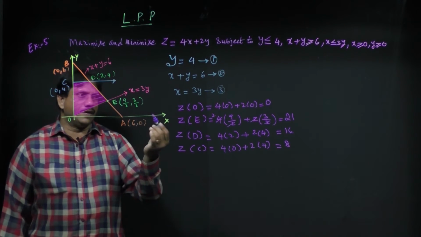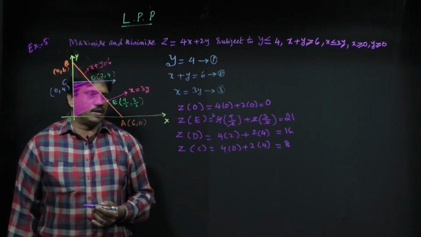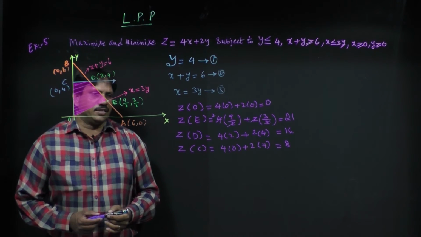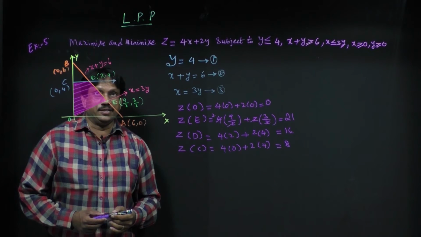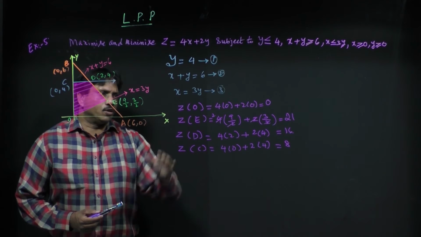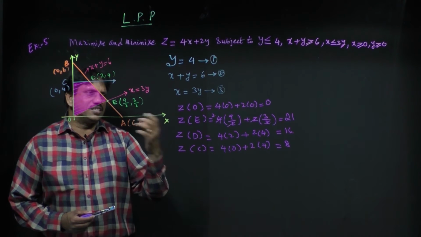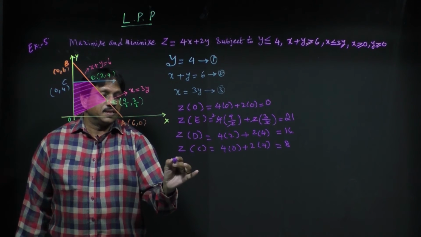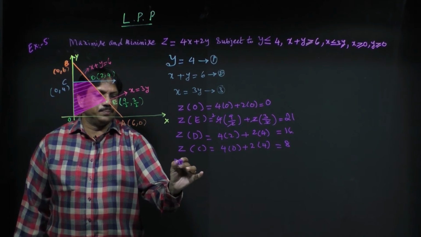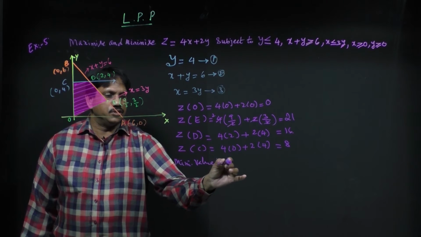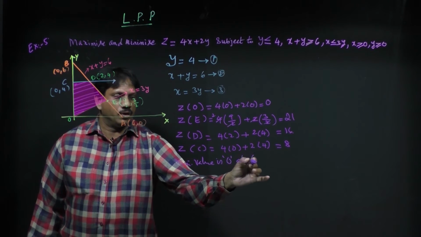Now I got the values at each corner point. At origin the value is 0. At E corner point the value is 21. At D corner point the value is 16. At C the corner value is 8. Now you want to maximize as well as minimize. Out of all of them, where is the least value you can find? The least value you can find at origin. So the minimum value is 0 at origin.